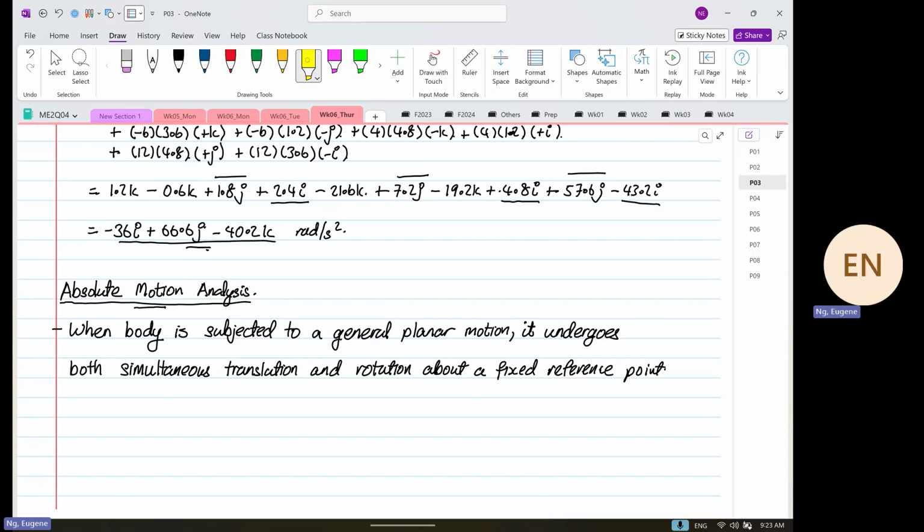The thing to take note is about fixed reference point, and we're dealing with what?